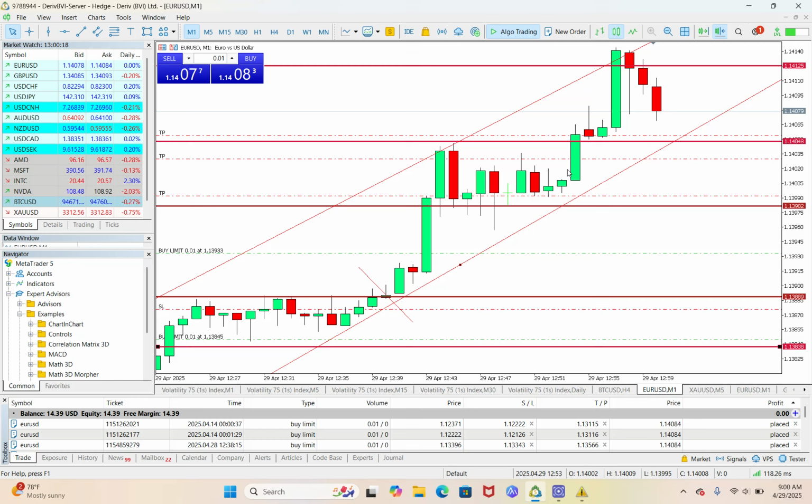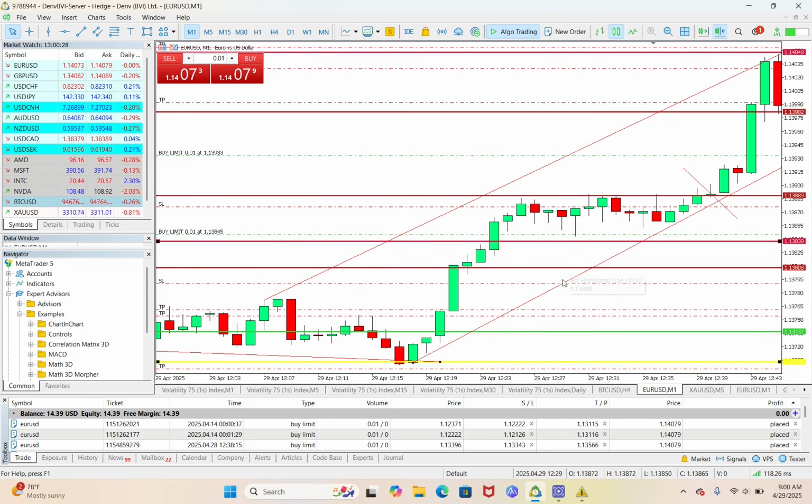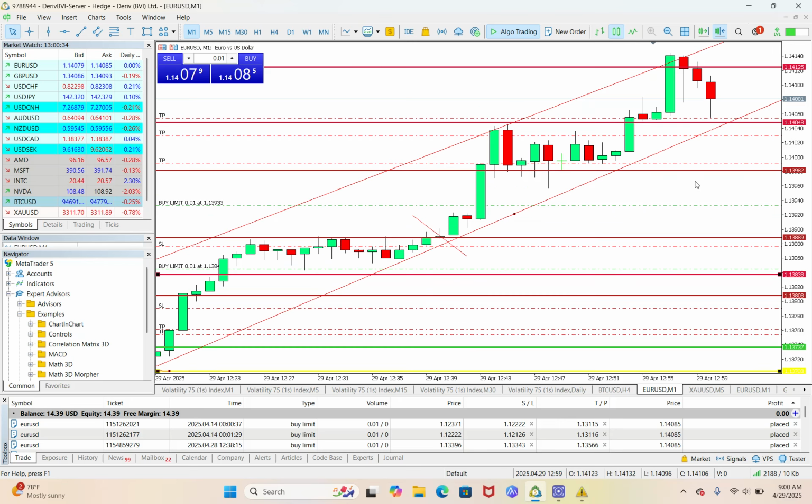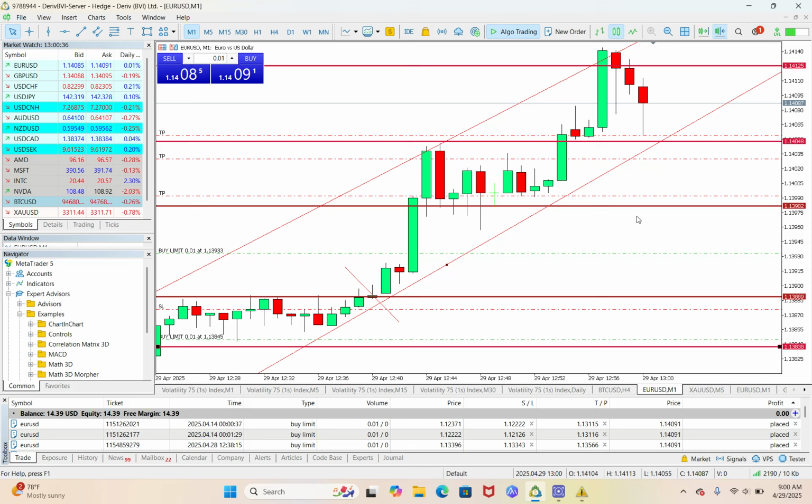Okay, right? So let me remove these lines because I'm not doing trend trading, but I'm just showing you that using this strategy, it will automatically put you in the trend. It will automatically find the support and resistance areas. So this is a very powerful strategy.